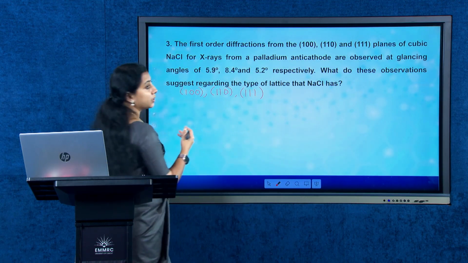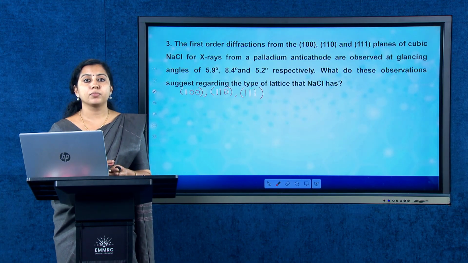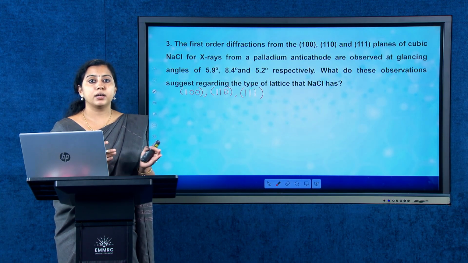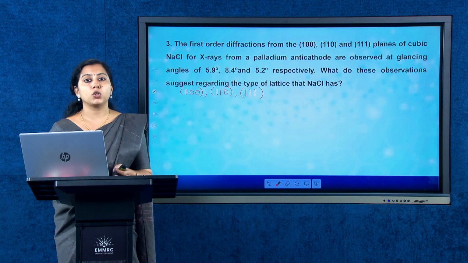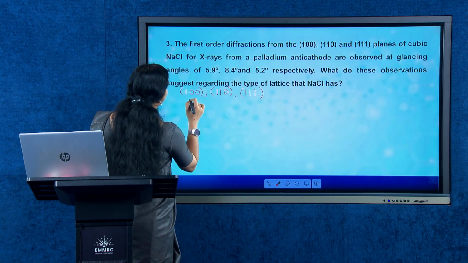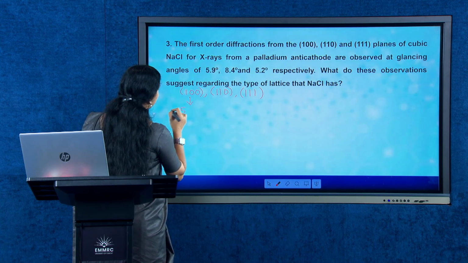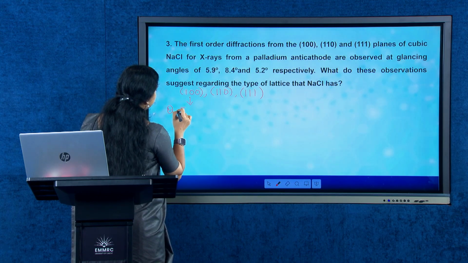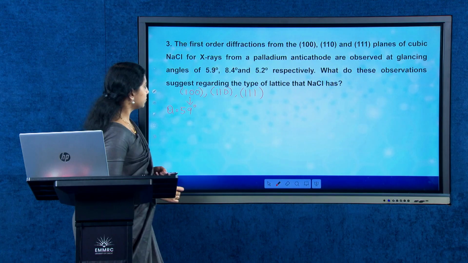The substance given is NaCl, and the diffractions from these planes are observed at certain angles. For the 100 plane, let theta 1 be equal to 5.9 degree.